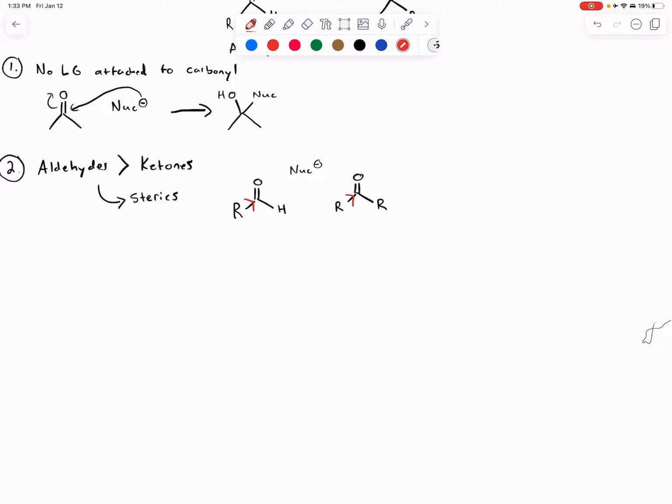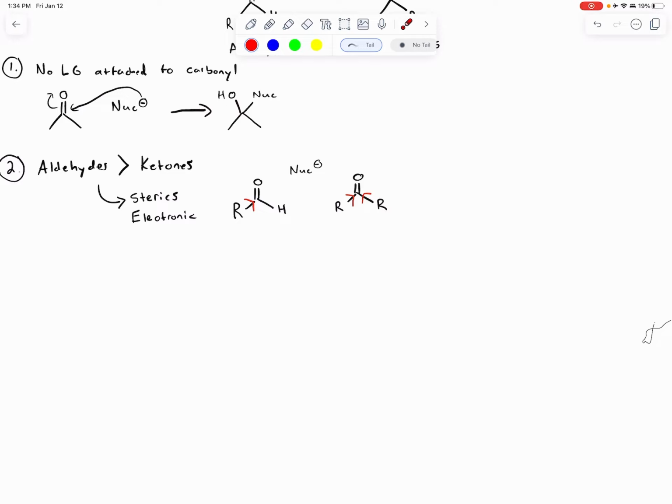The ketone has two carbon groups donating negative charge. And so therefore, the ketone is a less positive C double bond O, because those carbon groups are donating negative charge right there. So there's also an electronic factor to it. The ketone, it's a double whammy. Ketones are less reactive than aldehydes because of the crowded R groups that are surrounding it, and because those R groups donate negative charge and make that C double bond O less positive.